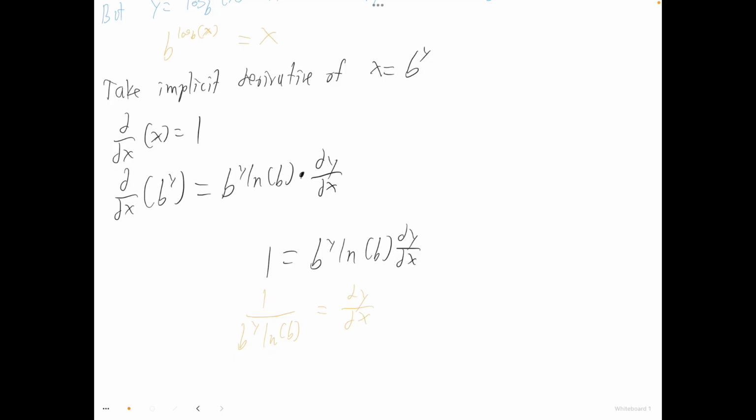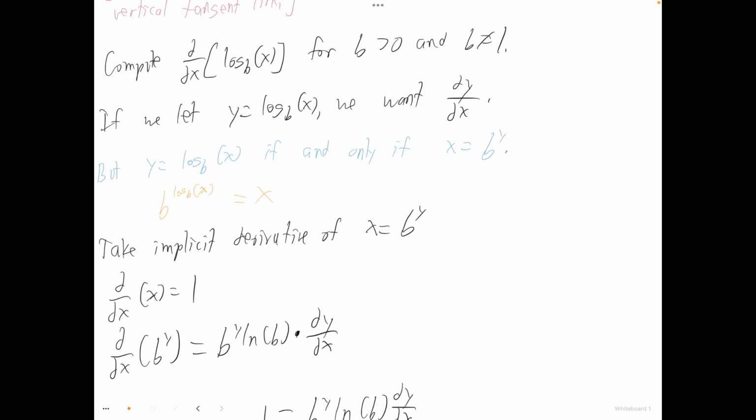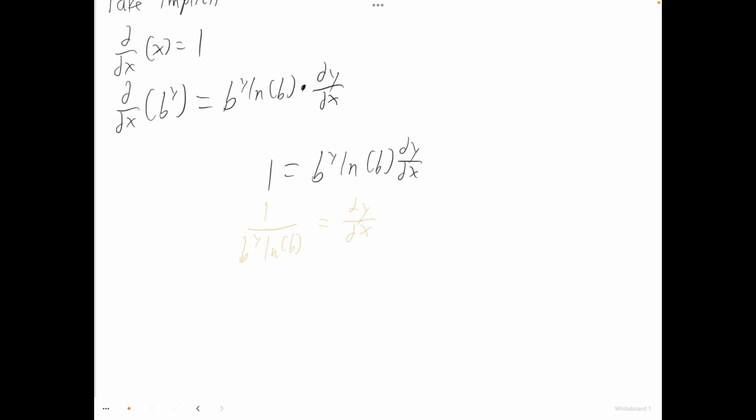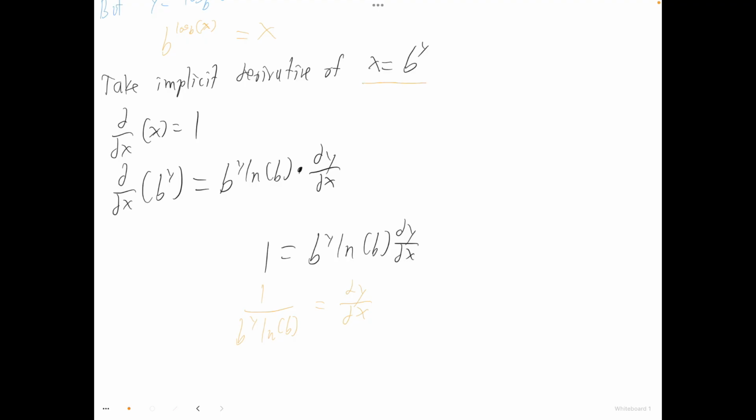So we have found our derivative for y. But notice it has a y in it. We'd prefer to be only in terms of x since we started with something only in terms of x. Our original equation was y equals log base b of x, so we want to get rid of this y term. But we know that x equals b to the y.